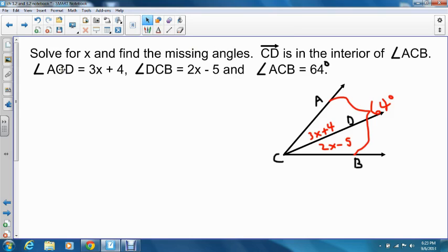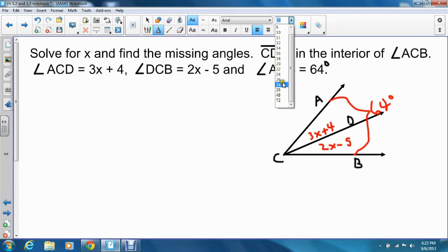That's what we know. All right, so what we're going to do is set up our equation and solve it. We have something called the angle addition postulate. It is very, very similar to the segment addition postulate, except it's basically with angles. That's really the only difference.